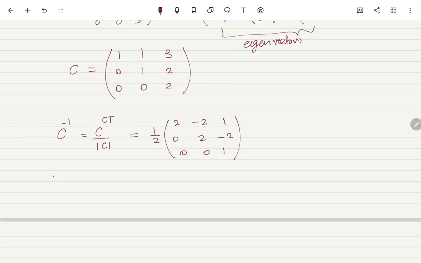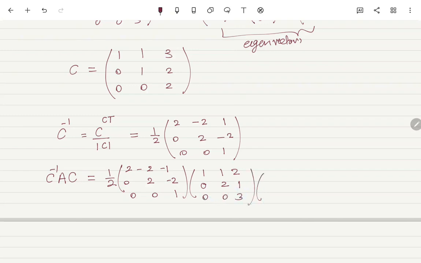Now let's find C inverse AC, which equals half times C inverse, times A, times the original C matrix.